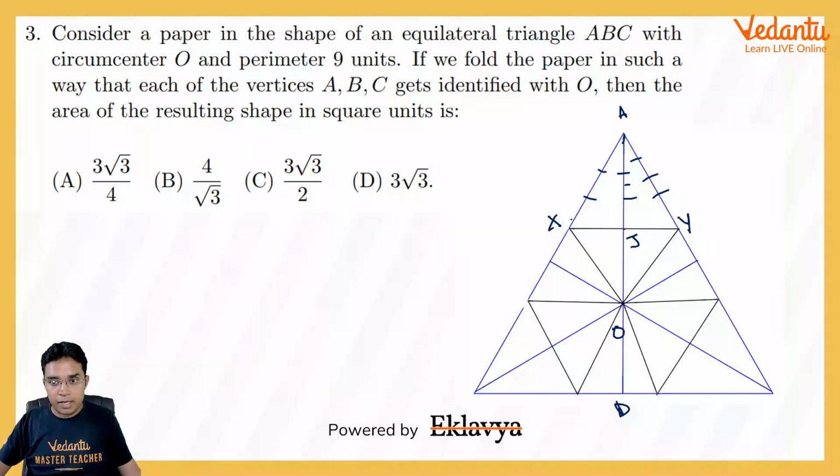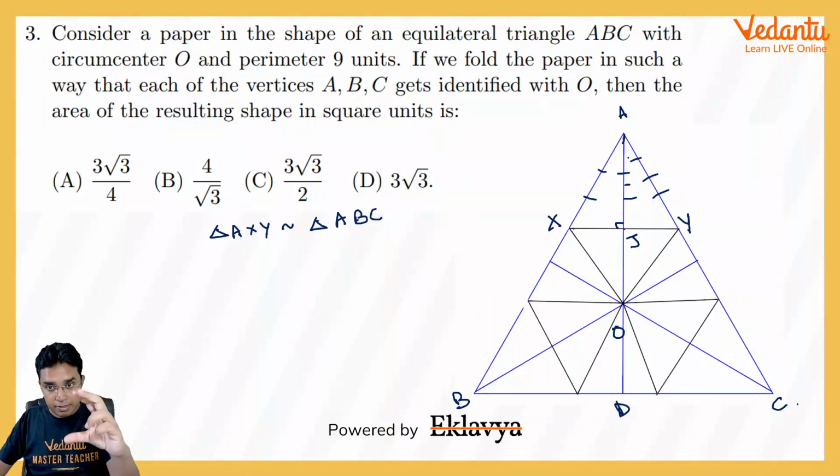So this height of this triangle, let me call this as maybe XY here. For the triangle AXY, the height will be 1/3 of this bigger triangle ABC. One more thing, because this is the perpendicular bisector of AO, this XY will be parallel to BC. So this triangle AXY will be similar to triangle ABC, and the ratio of similarity will be 1:3 because this AJ is 1/3 of the AD.